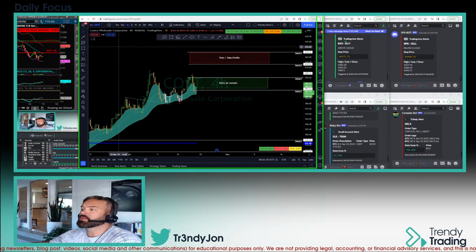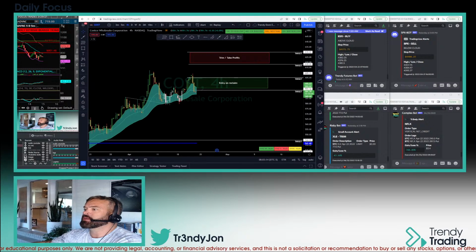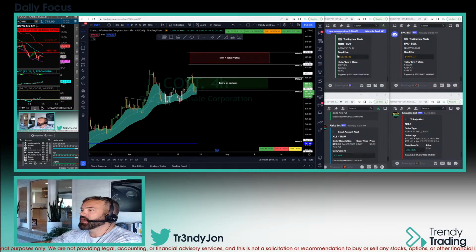Right here, this is my futures auto alerts that come with a stop. This lower number where it says close would be the entry, or close to that for an entry. Over here on the right-hand side is specifically just the SPX bot.